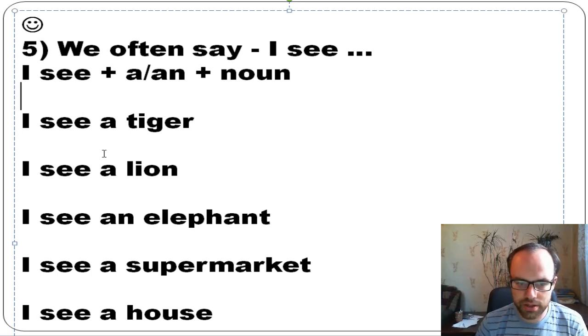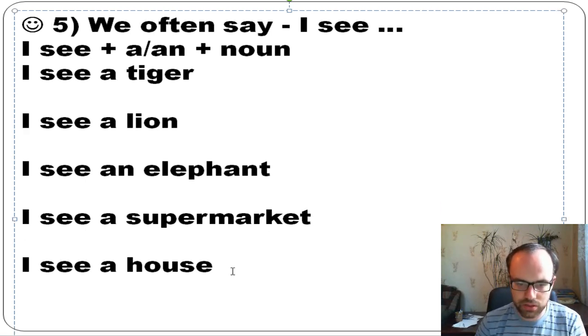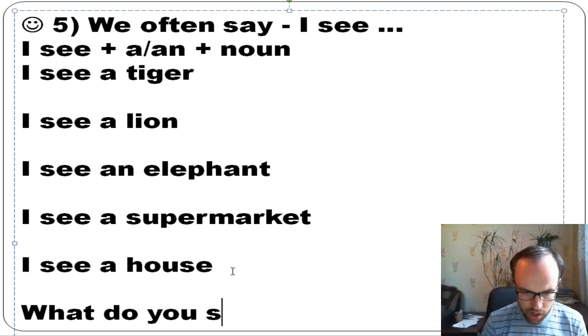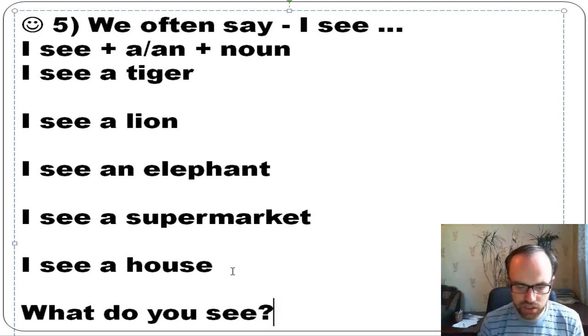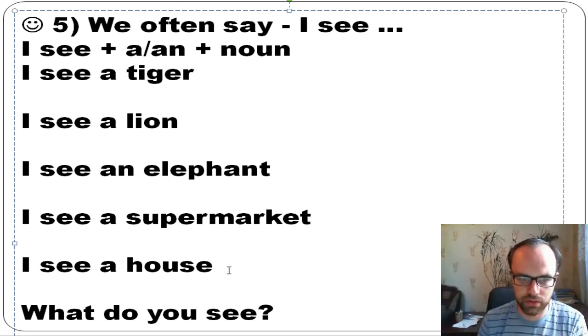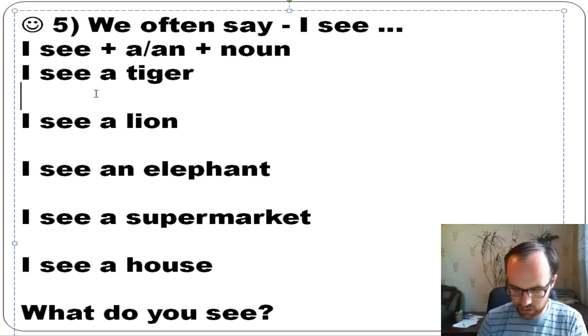I see a lion. I see an elephant. I see a supermarket. I see a house. And what do you see? For example, I see a microphone.